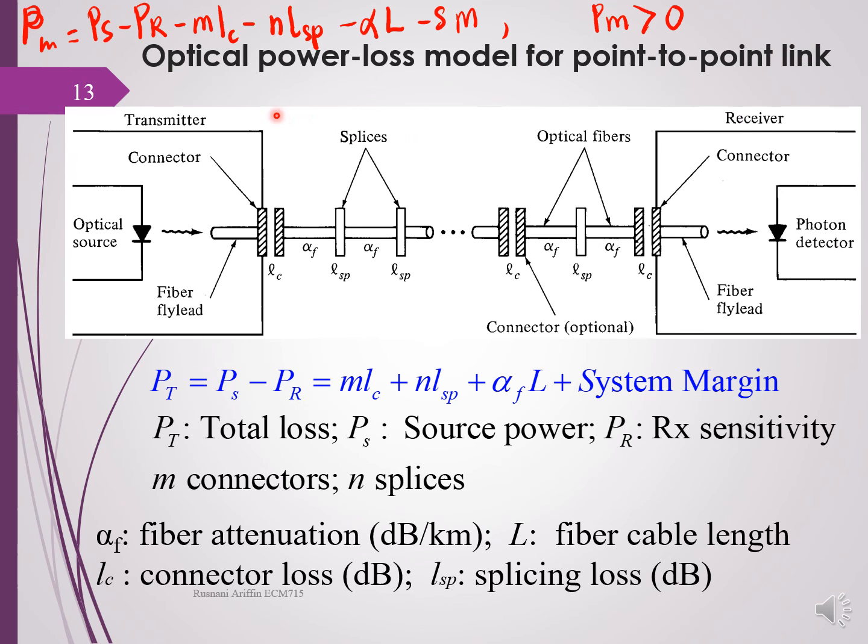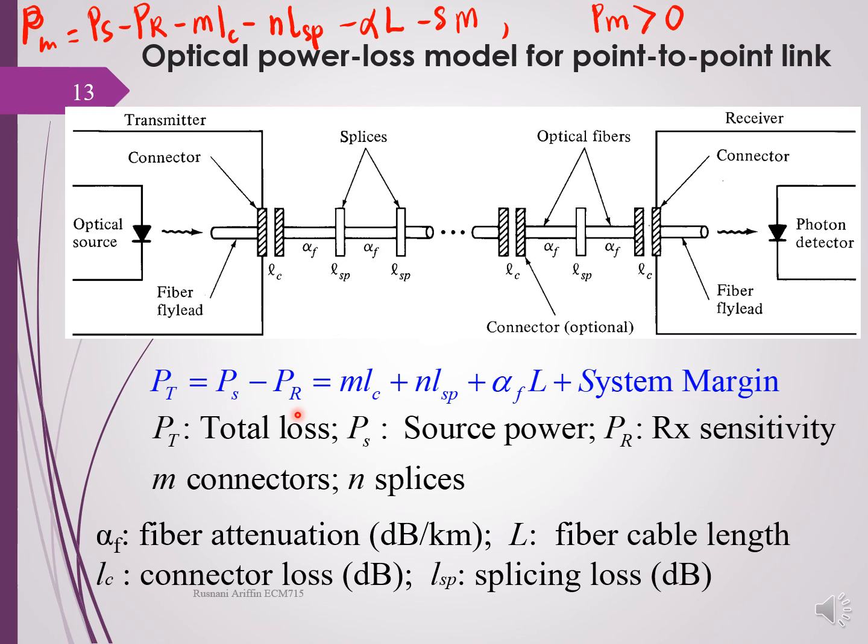Now let us look at the optical power loss model for a point-to-point link. In this figure, we can see that we have a transmitter, connectors, splices along the fiber, and an optical receiver. In this model, we can calculate the total loss. Total loss equals the power source, which is the transmitted power, minus the power received.